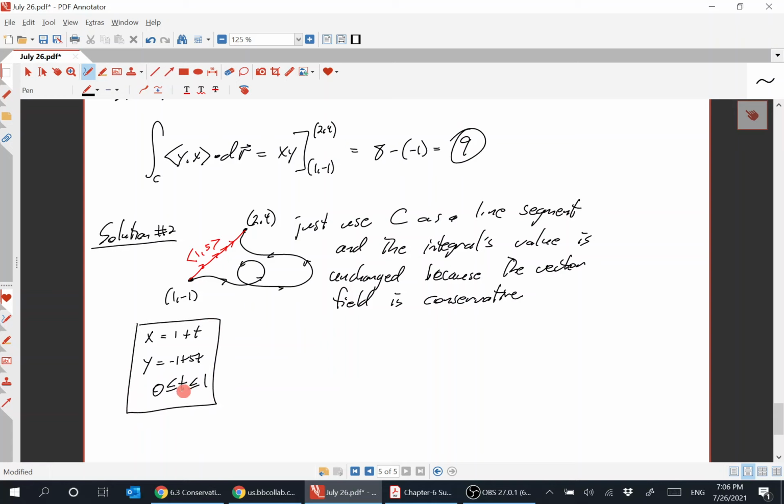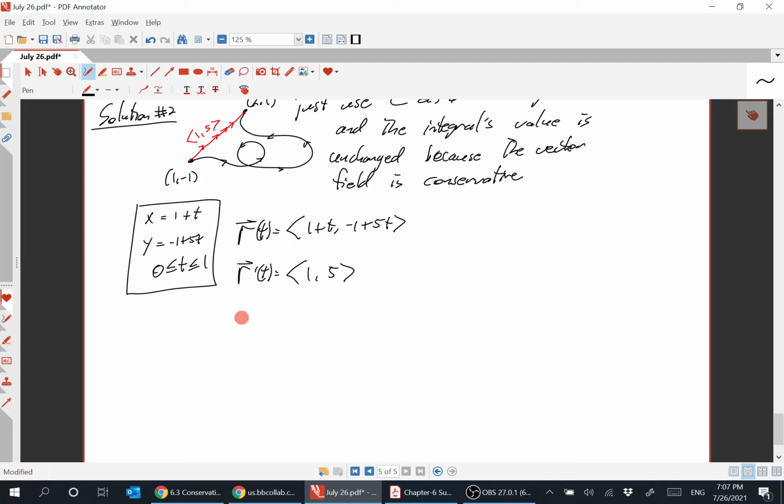That always works with t going from 0 to 1, as long as you take the line segment to be the entire vector, not just part of that vector. So r of t is equal to 1 plus t, comma, minus 1 plus 5t. So r prime of t is equal to 1, 5, which turns out to be that slope vector again.